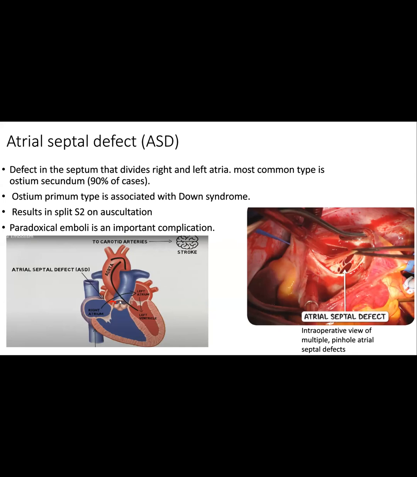When the embolism enters the left atrium, it can go through the aorta and then eventually lodge in the carotid arteries. This situation is known as paradoxical embolism. That's because the embolism starts off on the right side and then crosses over onto the left side. So paradoxical embolism is a complication of the atrial septal defect.